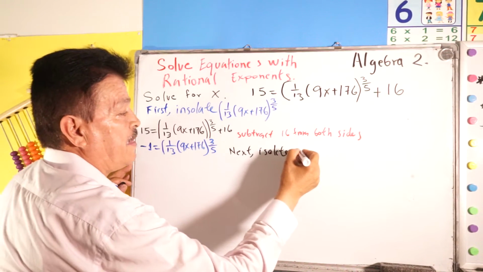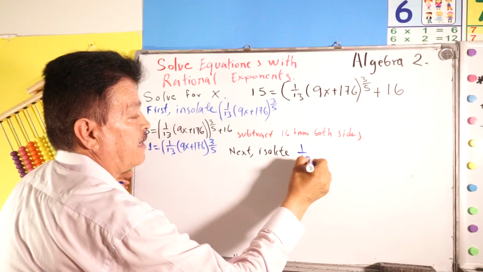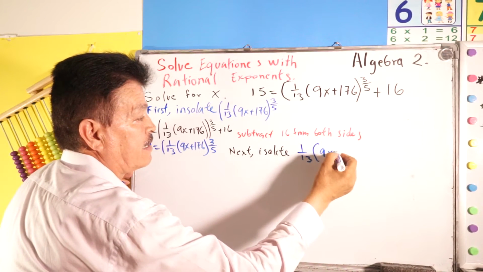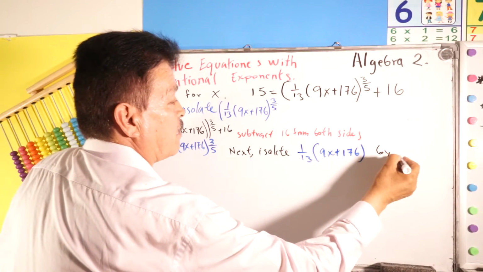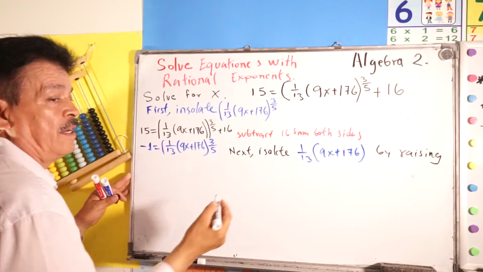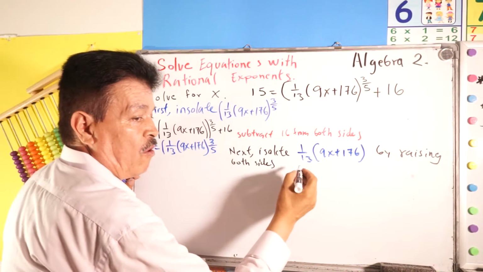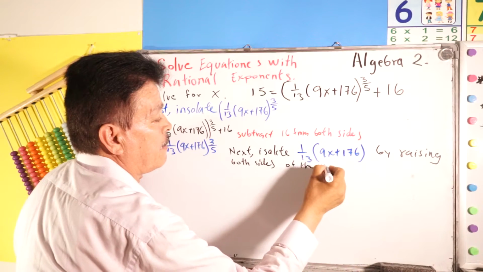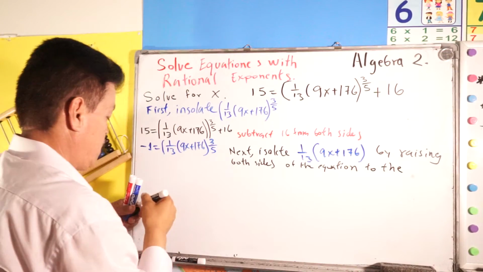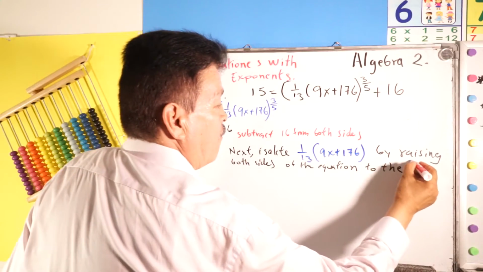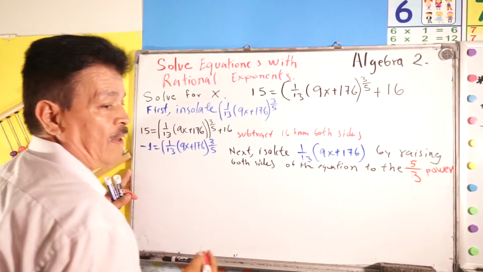To solve, we have 1/3 times (9x plus 17), and we raise both sides of the equation to the 5/3 power.